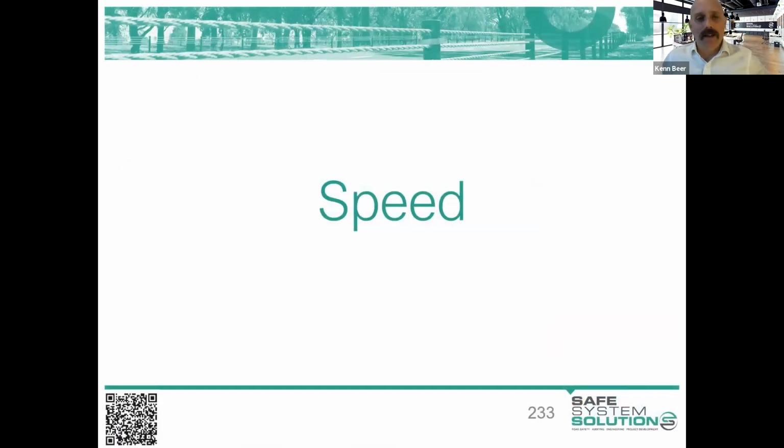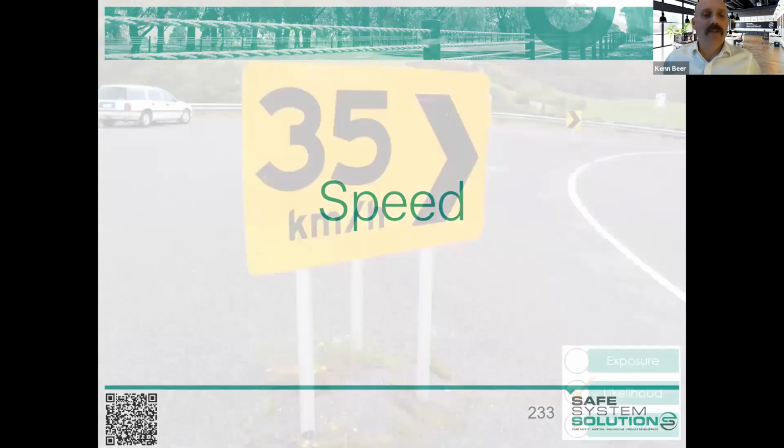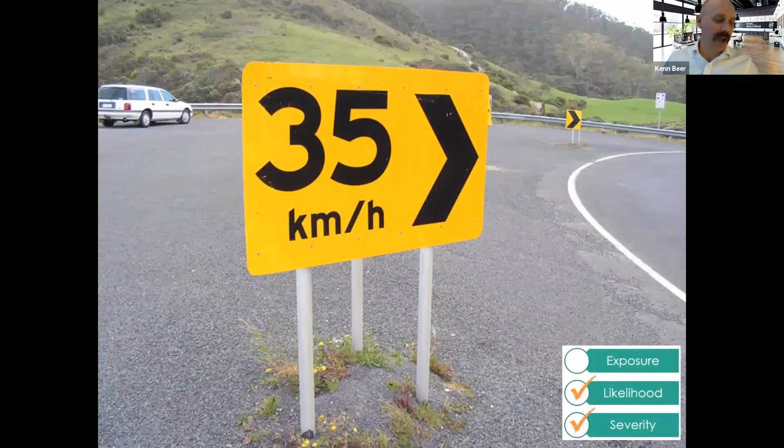Speed. We can influence speed in a whole raft of ways, just like other road users. I mean, the advisory speeds, for example, play a pretty good role. And the key is to get that consistency of advisory speeds on those touring routes. So motorcyclists may not follow that speed, but they certainly take it as a very strong indicator of the geometry of the road coming up.